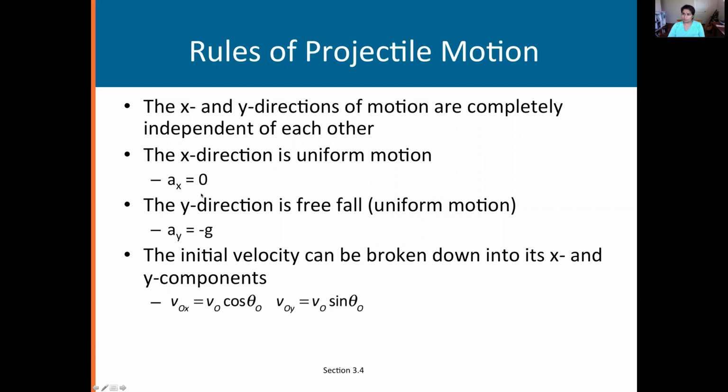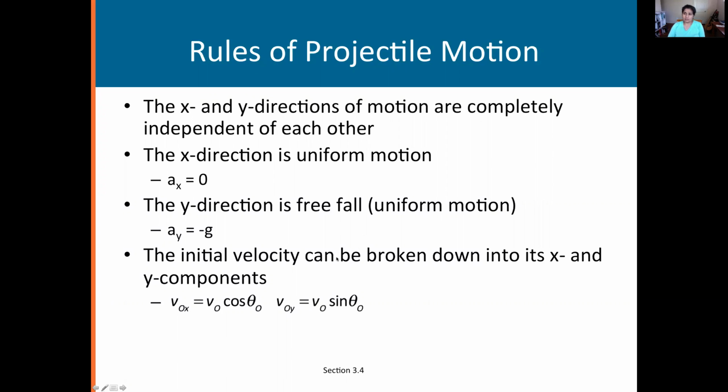Hence, it's uniform. Remember, to use our kinematic equations, we have to have uniform motion. In the Y direction, again, the acceleration is uniform because it's g. It's negative 9.8 all the time. Okay?